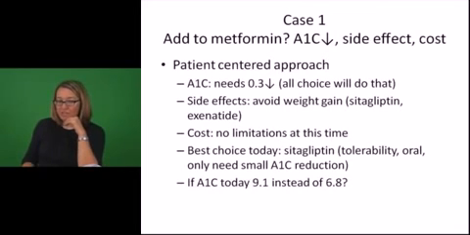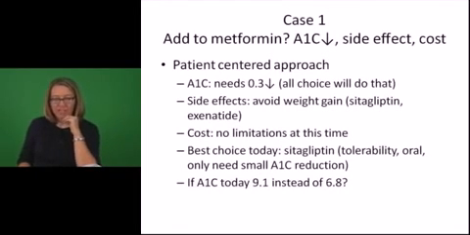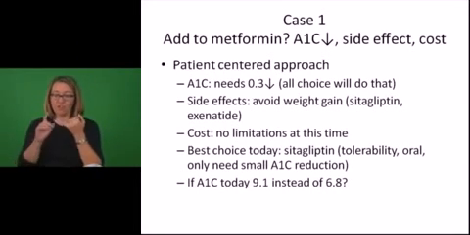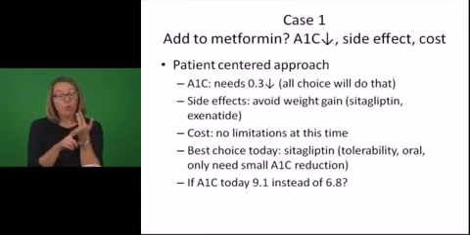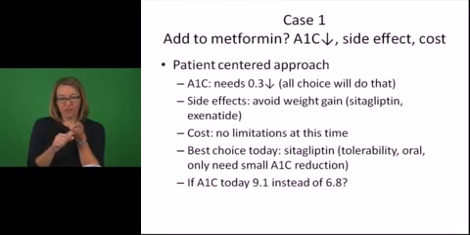Cost is no limitation at this time, but looking at the sitagliptin and exenatide, those two are fairly expensive. The best choice today for him would be the sitagliptin because it's very well tolerated, it's oral, and you really only need a small A1C reduction for him.